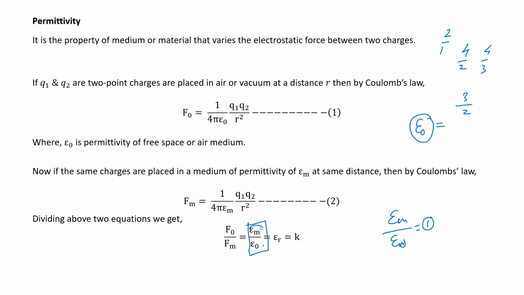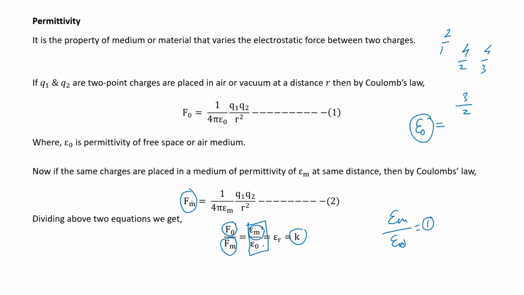If epsilon m is larger, K is larger, but Fm becomes smaller. So the force in a vacuum is always larger, and the force in any other medium is always smaller.